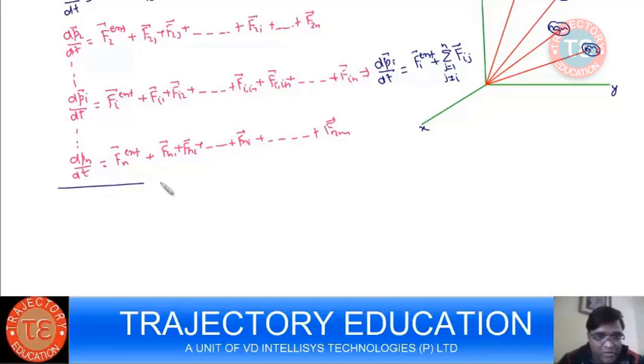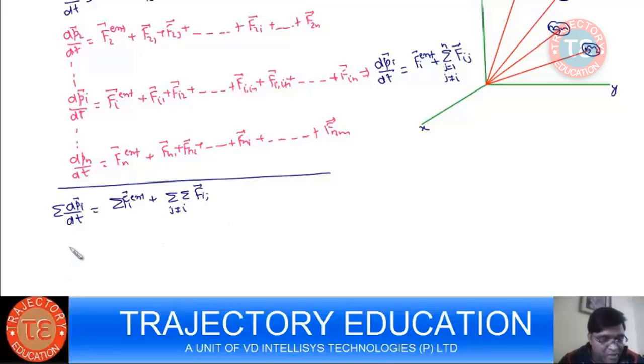If I add all these equations, this becomes sigma dPi by dt equals sigma FiExt plus sigma Fij, where i and j are both varying from 1 to n, but j not equal to i. So this is the equation in a nutshell.